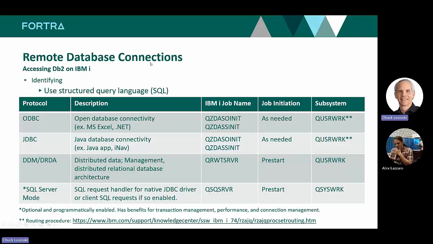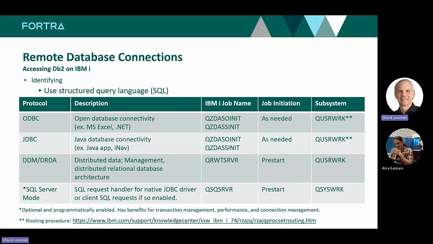Typically, you'll see those come into your system in the QUSRWRK subsystem. However, there is some information out there about routing those connections into a particular subsystem. There are different ways to route them, for instance, by the current user of the job.